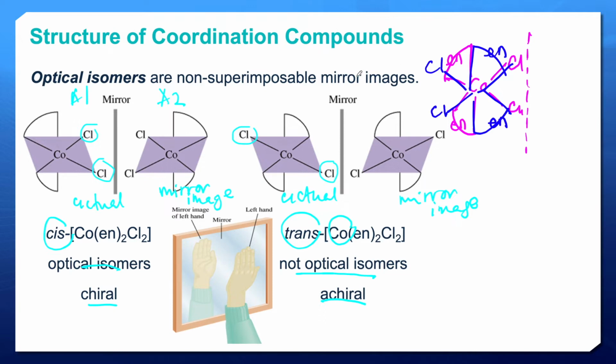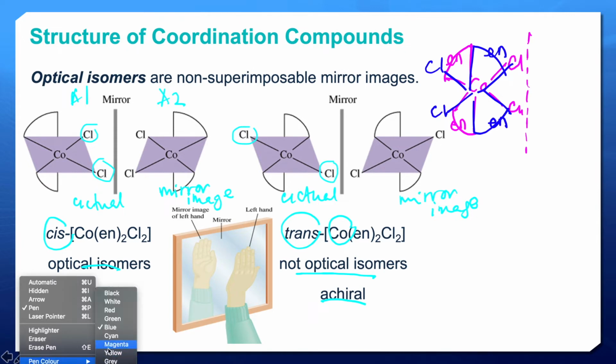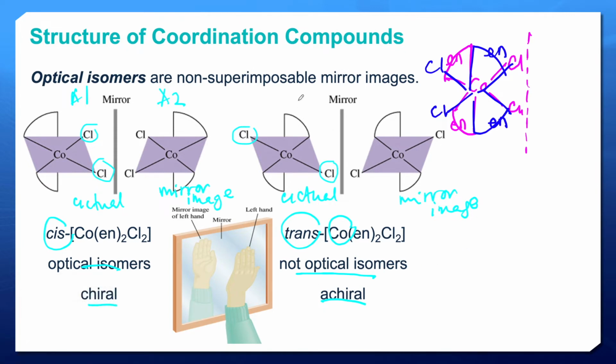But if you have the trans, for example, let me change my pen color. Let's say this is B1, this is B2.